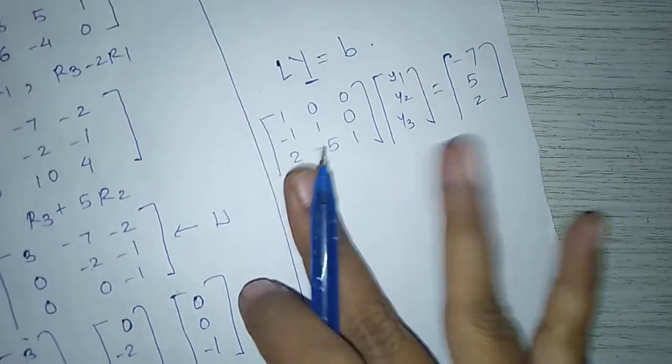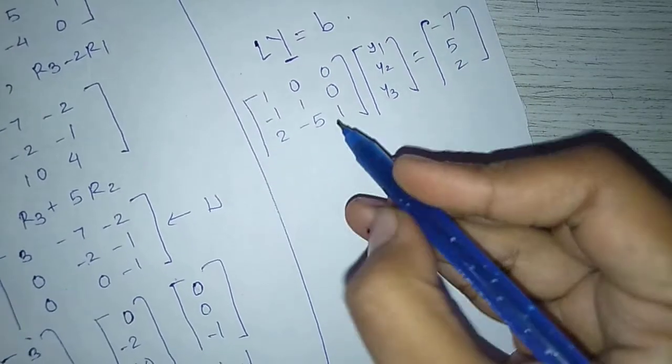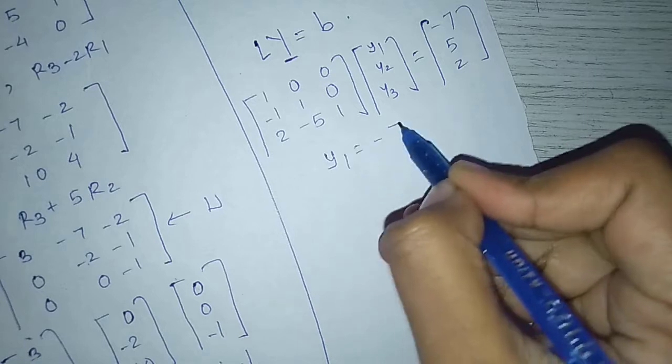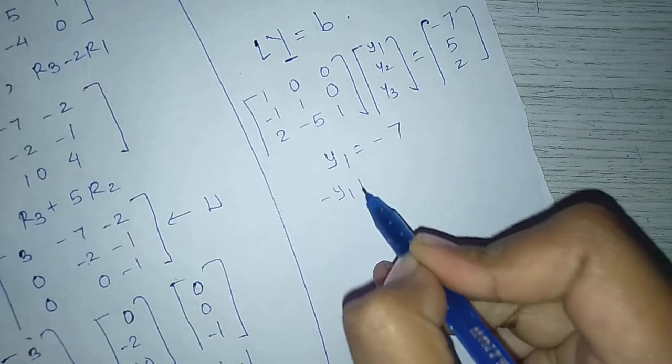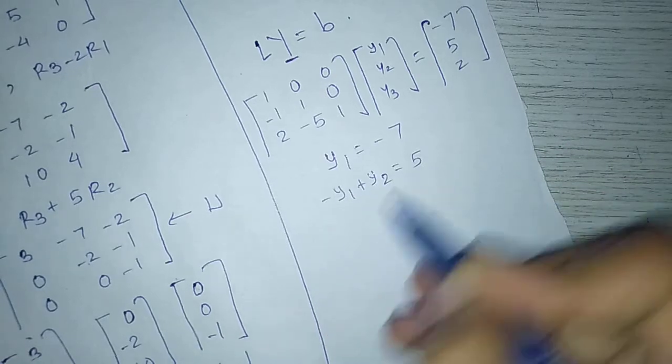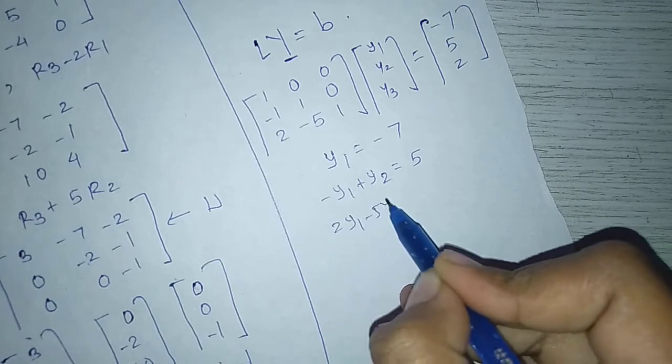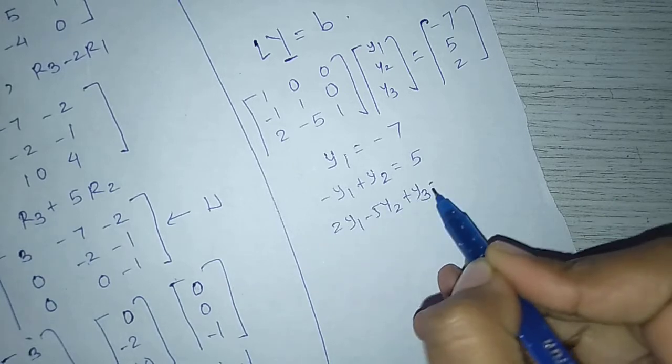Therefore from this system we get equations: y1 equals -7, -y1 plus y2 equals 5, 2y1 minus 5y2 plus y3 equals 2.